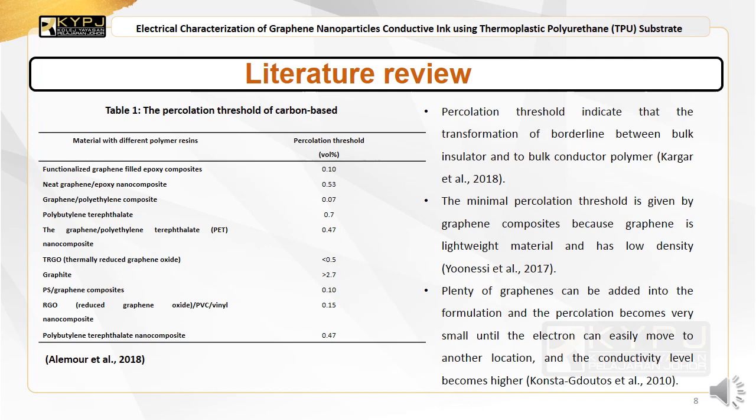Plenty of graphene can be added into the formulation and the percolation threshold becomes very small until the electrons can easily move to other locations and the conductivity becomes higher.